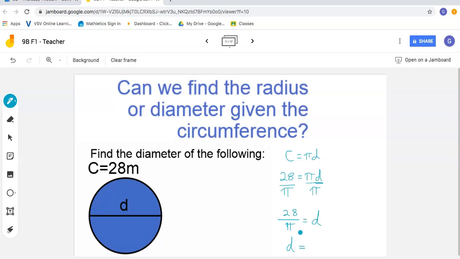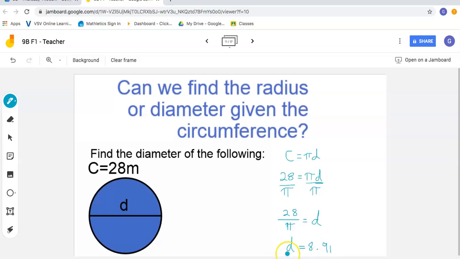28 divided by pi equals 8.91, rounded to 2 decimal places, and don't forget your units.